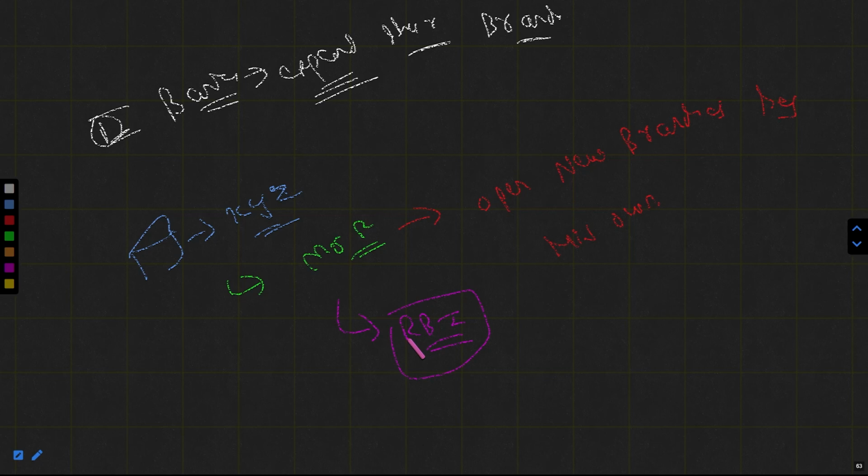Okay, and the approval requires many things. Is the bank properly able to handle the new branch? Is there proper logistic support? Is the branch expansion in the favor of the customer? Are all the other capital requirements being met or not?